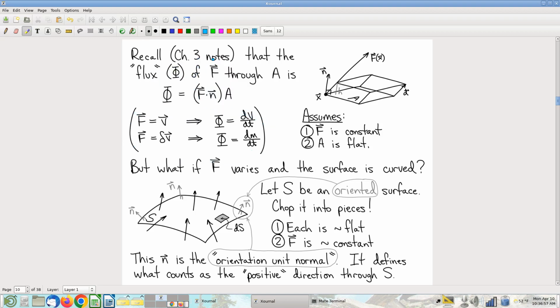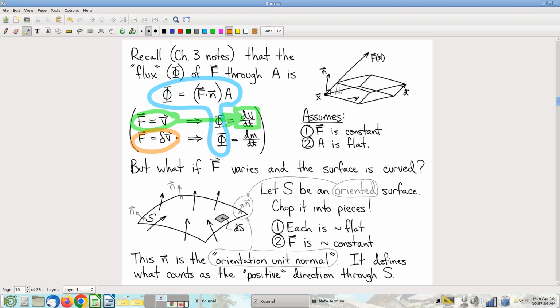But the reason that we care about flux is for a couple of reasons, and it depends on what your vector field represents. If your vector field represents velocity, then flux gives you volume per unit time of fluid that's flowing through your surface. That's a physically natural thing. It's clearly an object of interest, so flux is a good thing to know. But furthermore, don't forget as well, sometimes it makes more sense to represent the fluid flow with density times velocity.